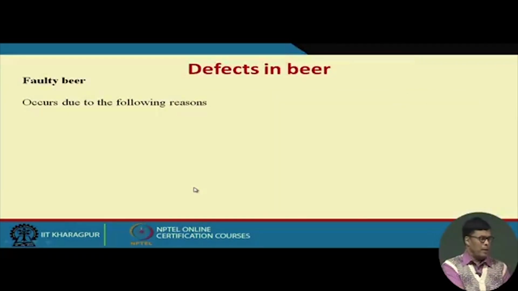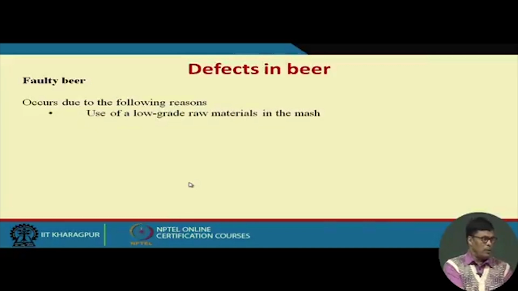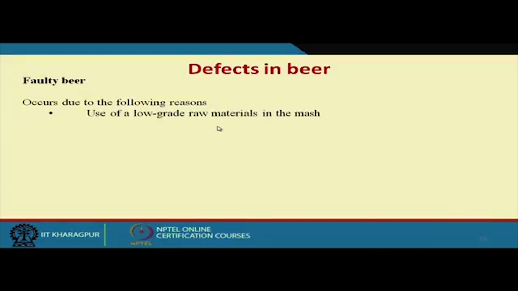But another very important defect of the beer is the faulty beer. This is due to the following reasons: the use of low grade raw materials in the mash. If the quality of the raw materials is very low, particularly if the barley grains are of poor quality, then there is the possibility of these defects in beer.